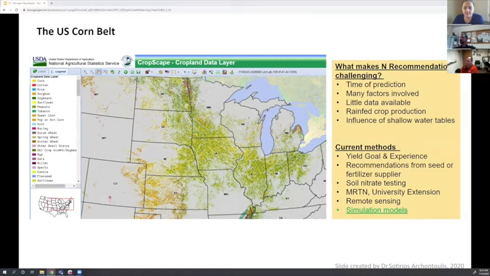Another challenge we have in the Corn Belt is that about 50% of the soils have a shallow water table. This is an important factor because it influences all the soil processes: denitrification, leaching, mineralization, everything.